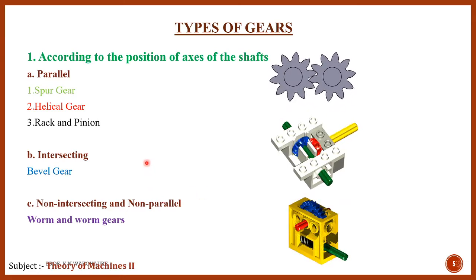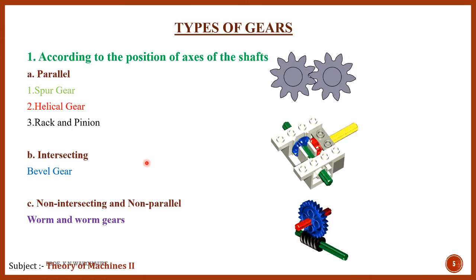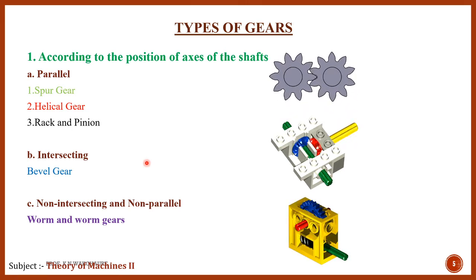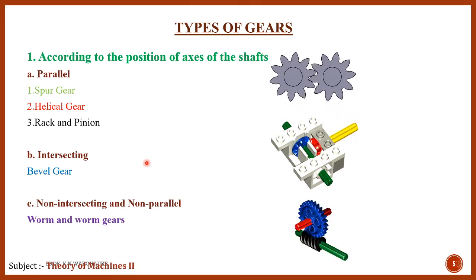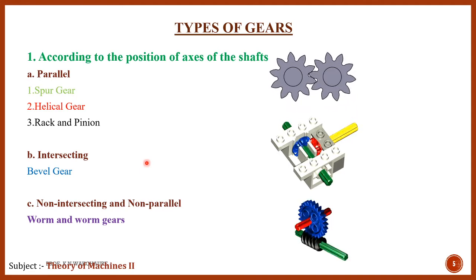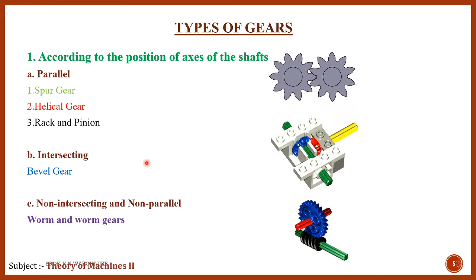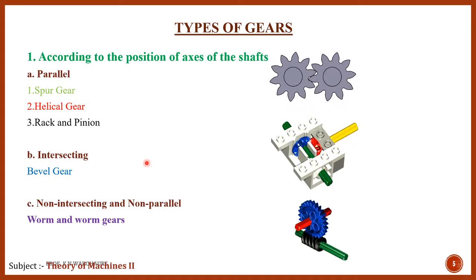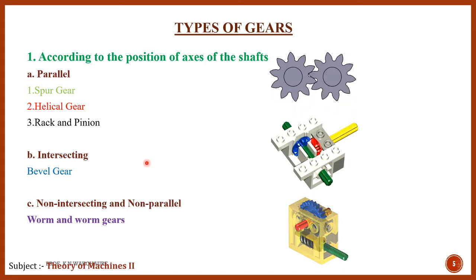These are the three subsections: parallel, intersecting, and non-intersecting. In the parallel, we have spur gear and helical gear. In the intersecting, bevel gears. And in the non-parallel, non-intersecting, worm and worm wheel, and spiral gears.